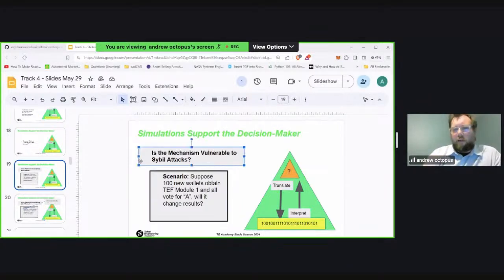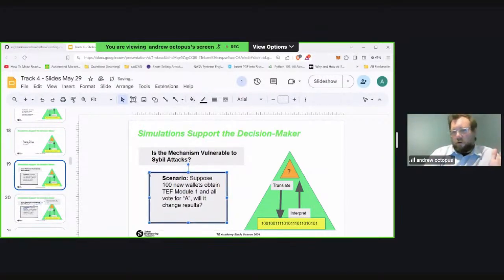So I've looked at the high level of something we could ask about any of the mechanisms we're looking at. Is this mechanism vulnerable to Sybil attacks? I can't often answer that in the abstract. I need to translate it personally to something that is concrete and likely wrong, but still potentially useful.